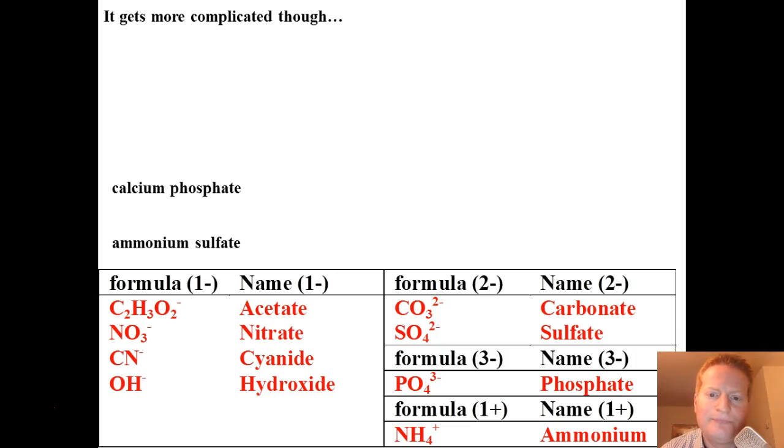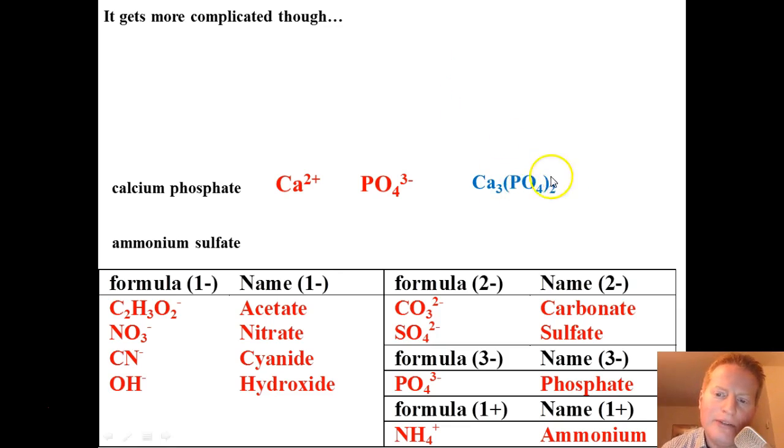Okay, let's look at another one. This time we have calcium phosphate. So we know calcium is a 2+. Phosphate on our list is a 3-. This is a trickier one. So how many calciums do we need to cancel out phosphate if there's 2+ and a 3-? Well, we're going to need 3 calciums and 2 phosphates.